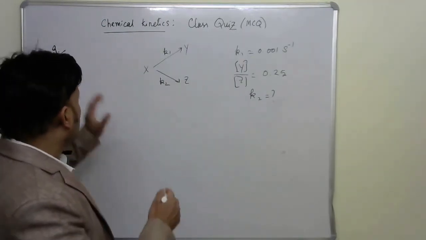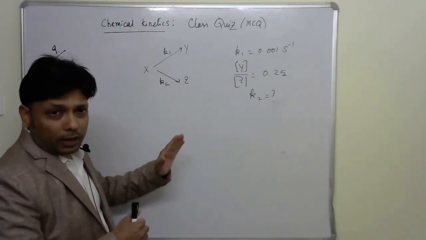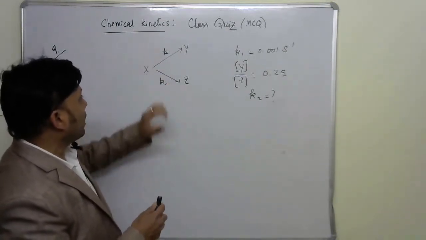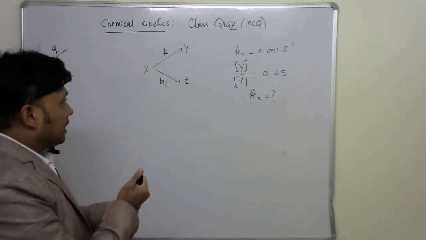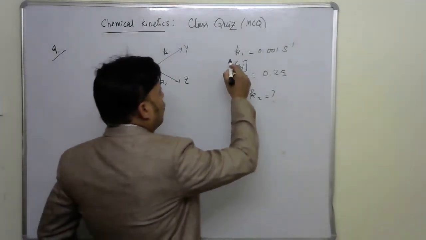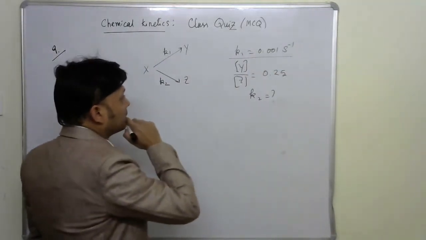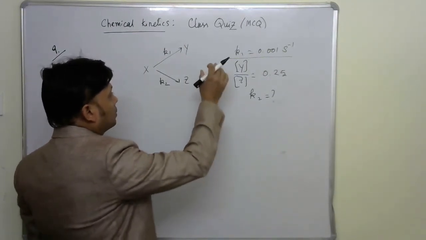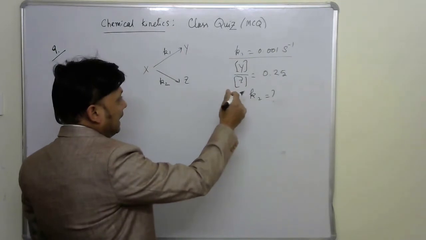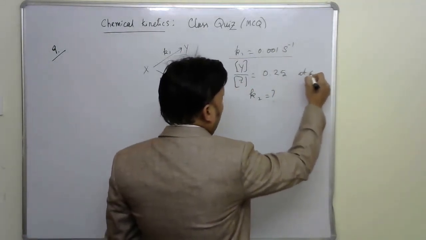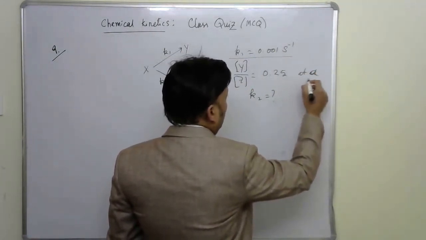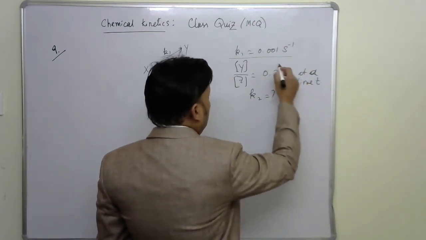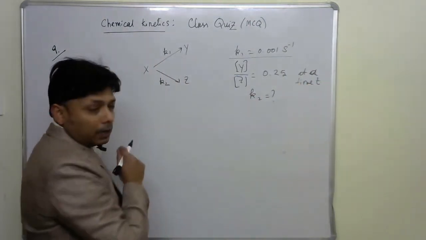Question number 9 talks about a parallel reaction, X going to Y and Z with the rate constants K1 and K2 respectively. It's given that the value of K1 is 0.001 second inverse, and the ratio of the concentration of the product Y to Z at a certain time t is given as 0.25. What is the value of K2?